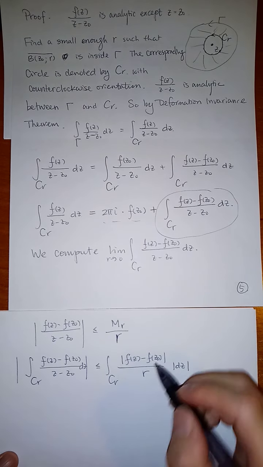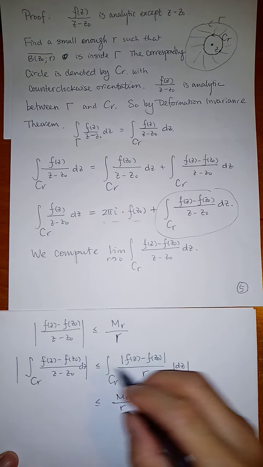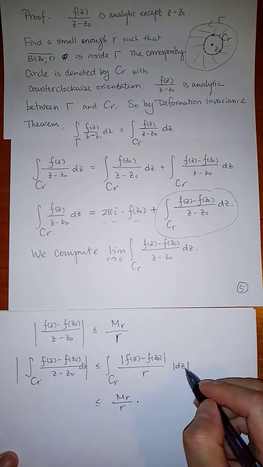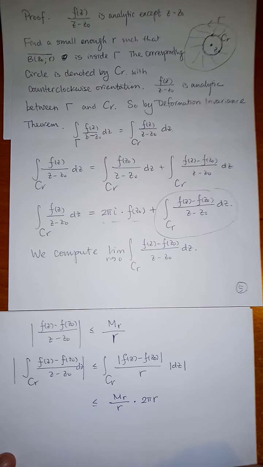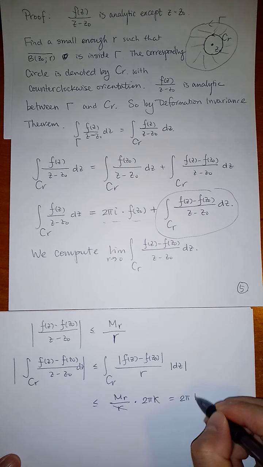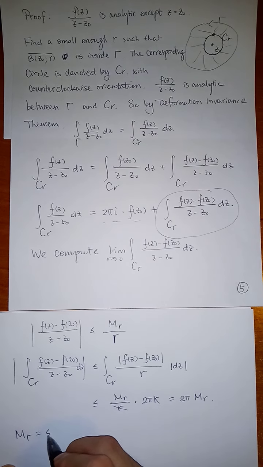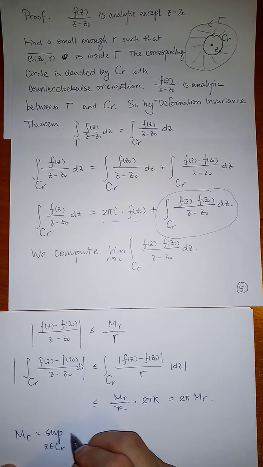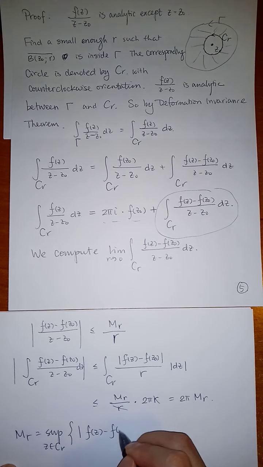And this one is less than or equal to M_r over r times the integral of |dz| over C_R, which is 2 pi r, the circumference. The 2 pi r and r cancel, giving 2 pi M_r. What is M_r? M_r is the supremum, z belongs to C_R, of the absolute value of f(z) minus f(z0).